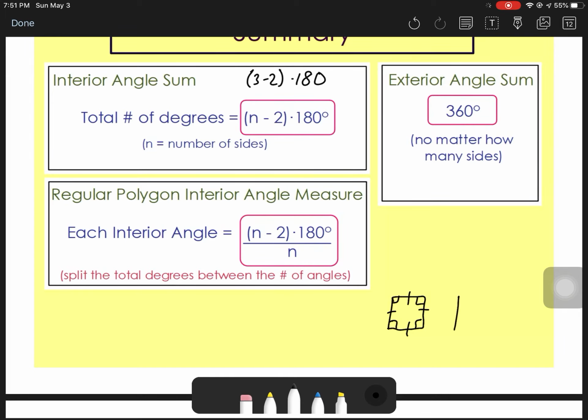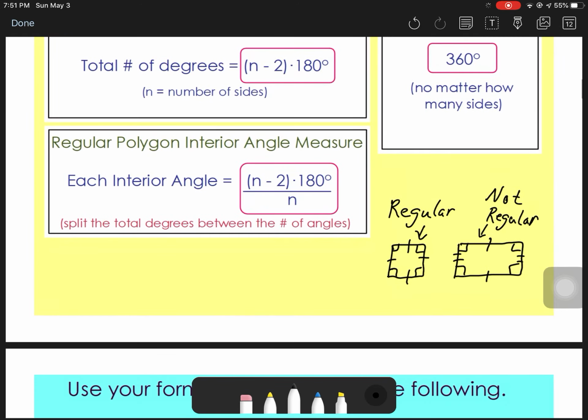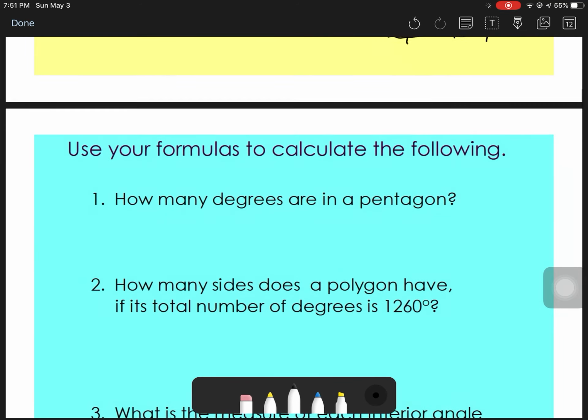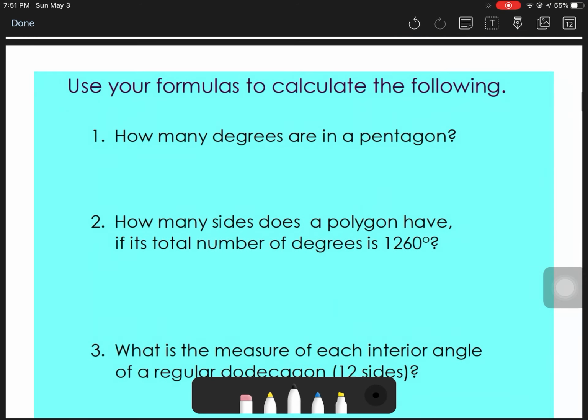But if we look at a rectangle, angles might be the same, but the sides are different. So this one is regular, and this one is not regular. Again, it just means all sides and angles are going to be congruent inside of the figure when we're talking about the angles. Well, technically outside too.